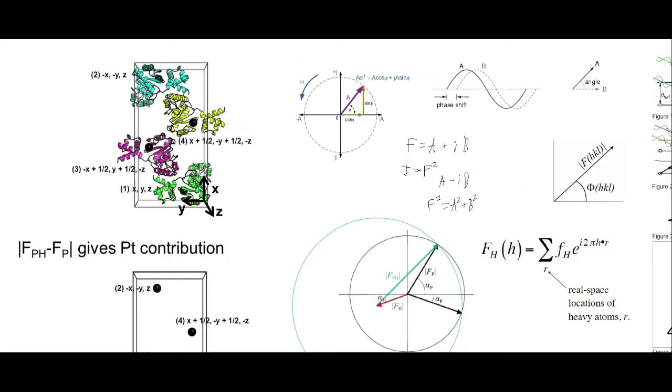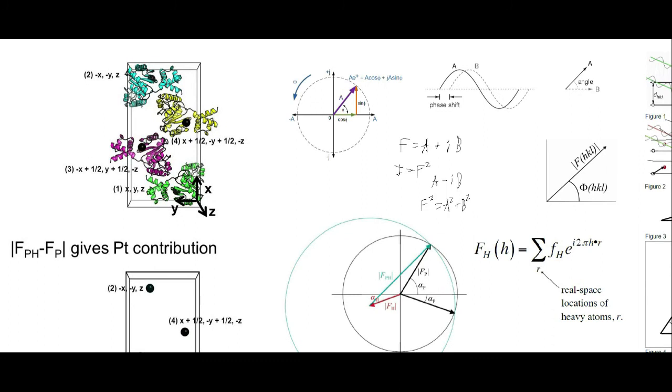So what we do is we get the diffraction data from our crystals, either with and without some kind of heavy atom. In this case, it's talking about platinum bound into our crystal.